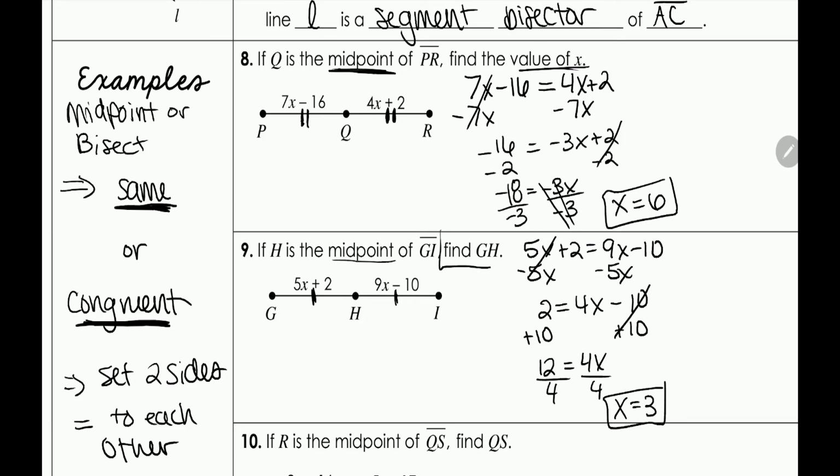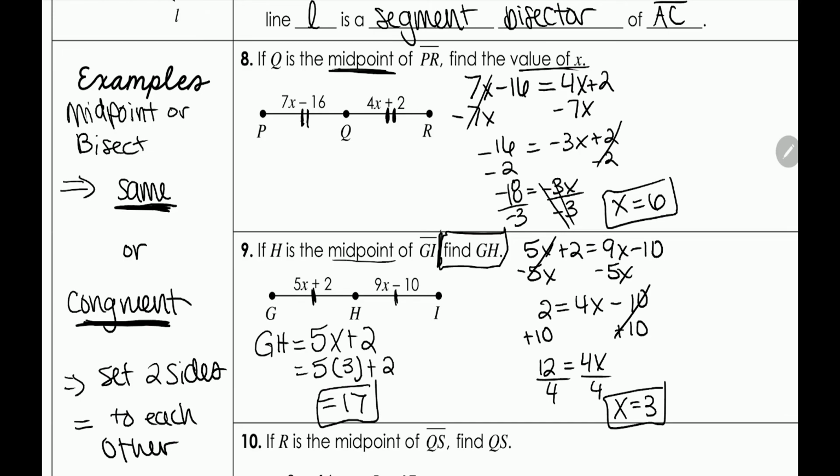But this isn't telling us to solve for x. It's telling us to solve for GH. So from G to H here, it says it's 5x plus 2. So if we plug in this value 3 for x, 5 times 3 plus 2, and we type that in a calculator or do it in our heads, we're going to get 17.